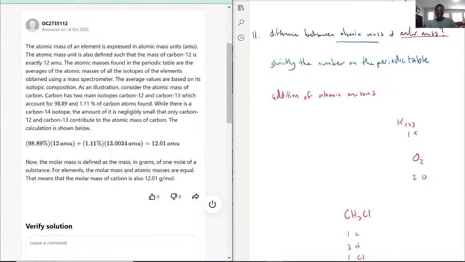But the molar mass, as they go forward, is the grams of 1 mole of a substance, and you now have to add up the atomic masses of the things the compound is composed of to get the molar mass. For the elements, like we discussed with metals and the noble gases, the molar mass and atomic mass are equal, like we discovered here. But for certain other elements, they're not really called elements anymore.